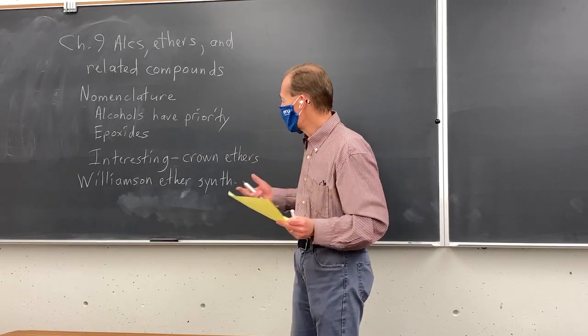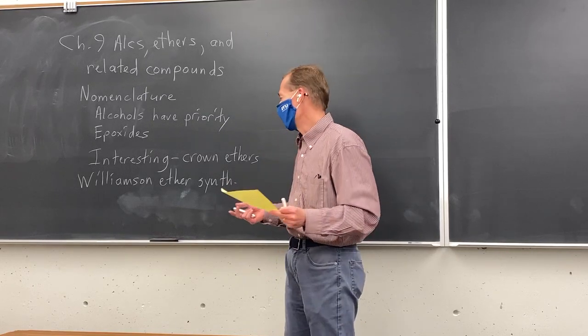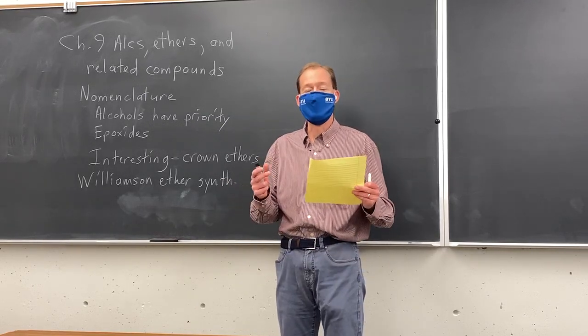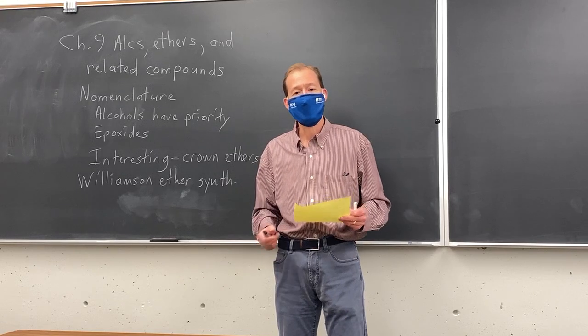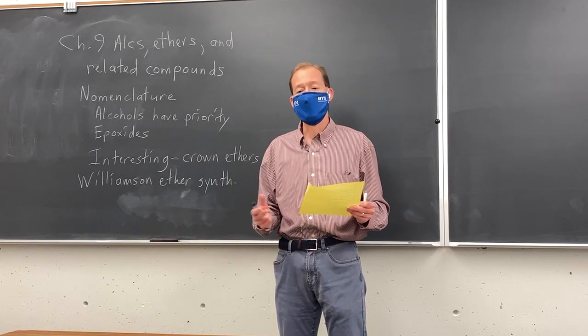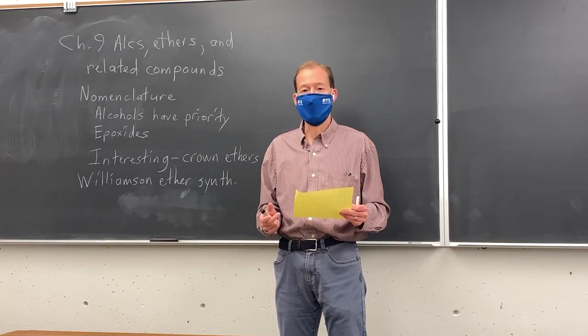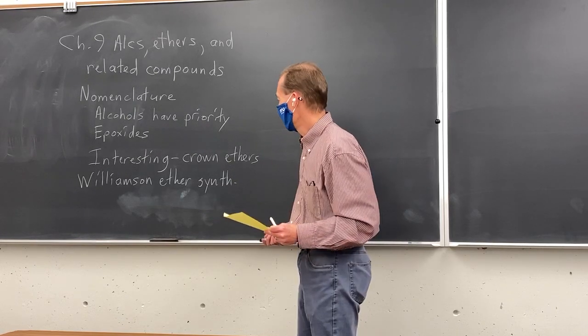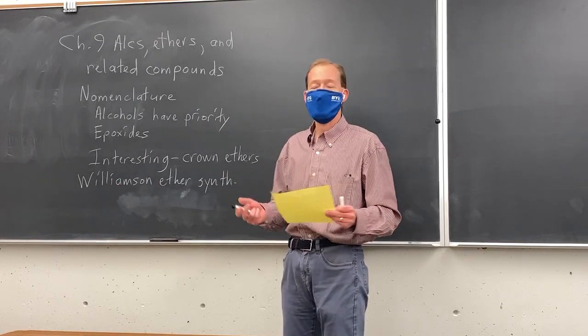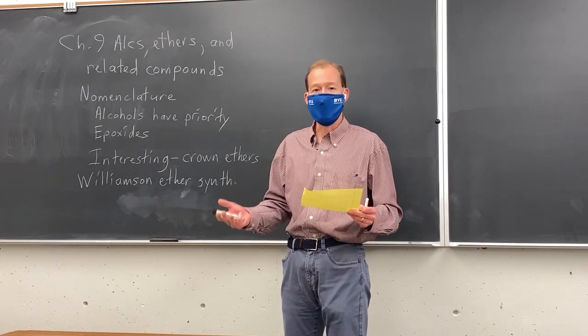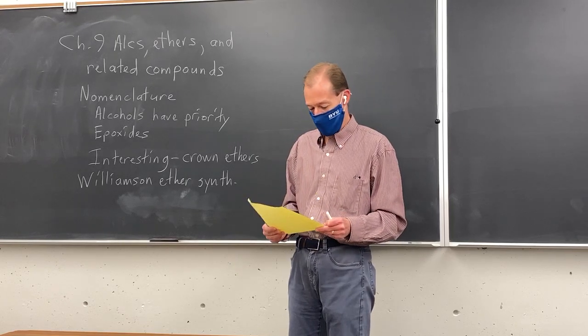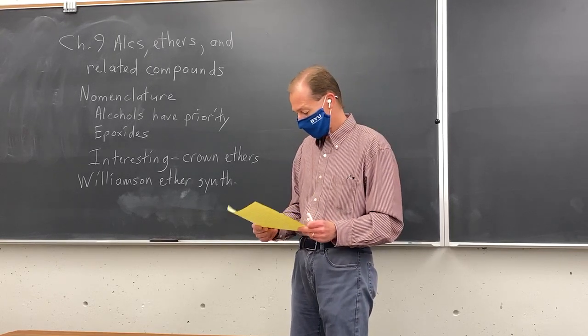And then epoxides are also synthesized by Williamson ether synthesis, but it's an intramolecular reaction using a vicinal halohydrin, which we learned how to make in chapter 10. Okay, so that was the main reaction for preparation of the compounds that we have studied in chapter 9.